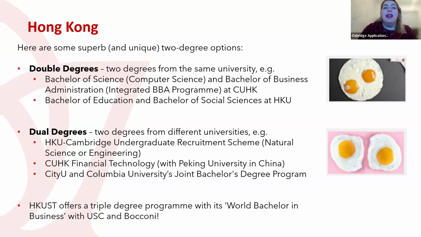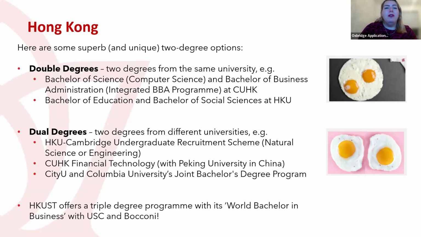And this is where you get to really also increase again your opportunities of studying overseas even more. So for example, University of Hong Kong does have an agreement with Cambridge to enable natural scientists or engineering students to study in both of these universities and gain 2 different degrees.